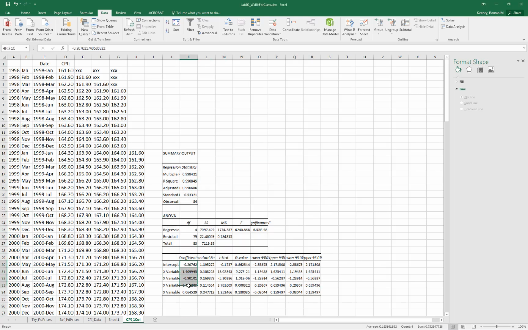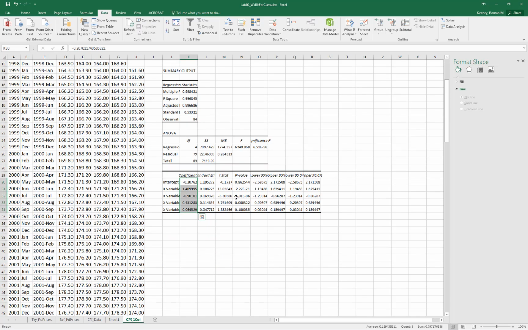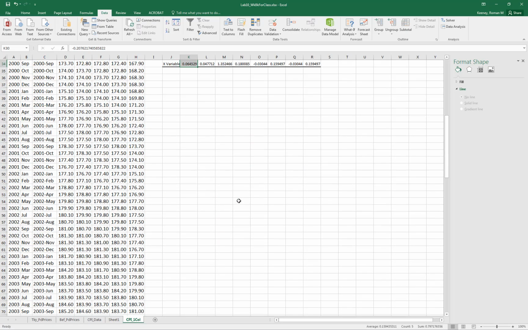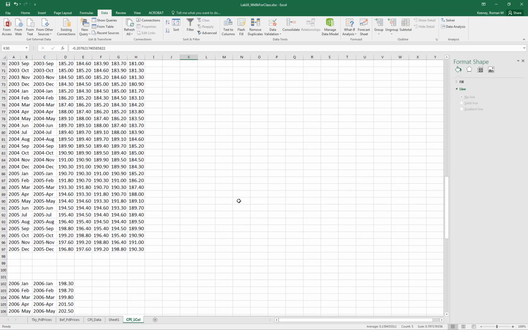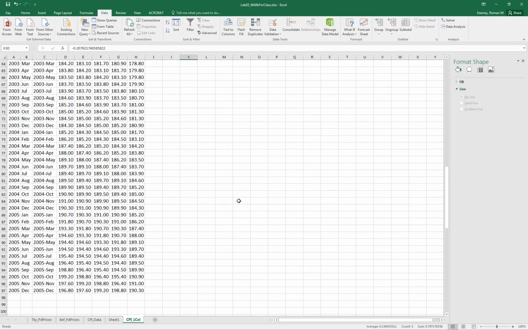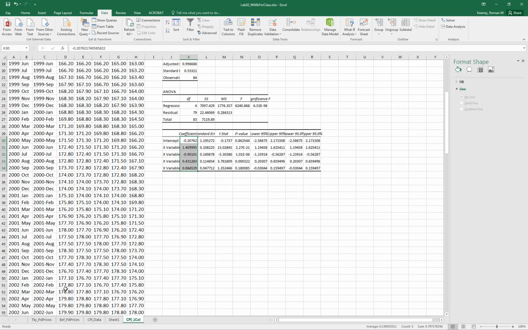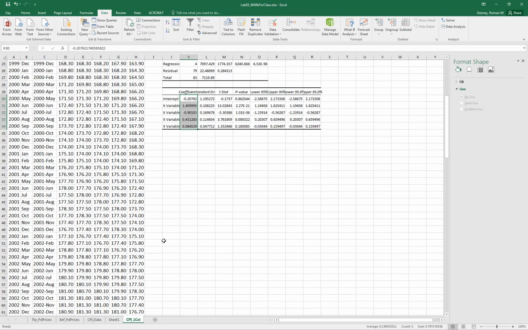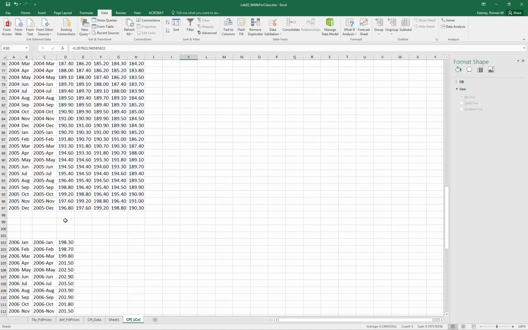Now, you see the R squared, all this stuff. But what becomes interesting is we could use the prices that we have right here to predict going forward. So this data stops with December of 2005.